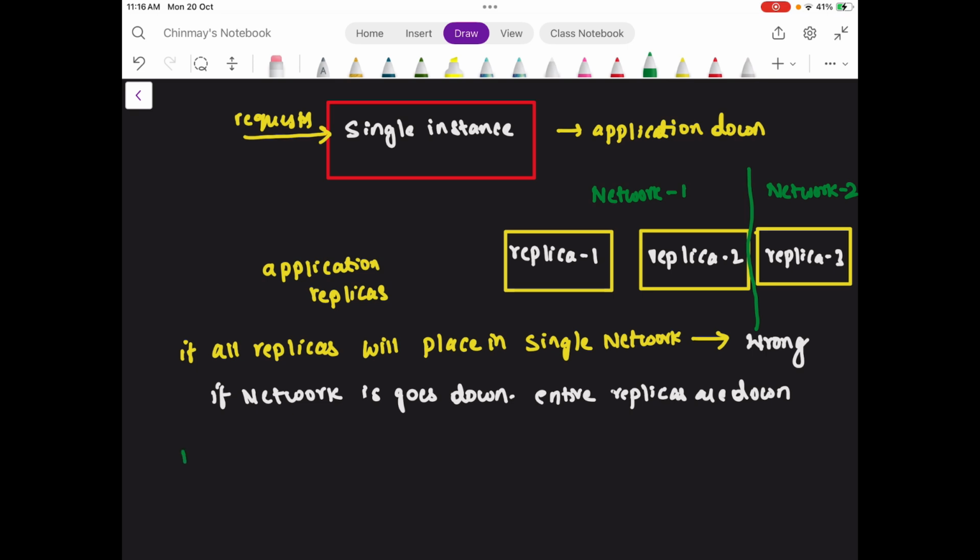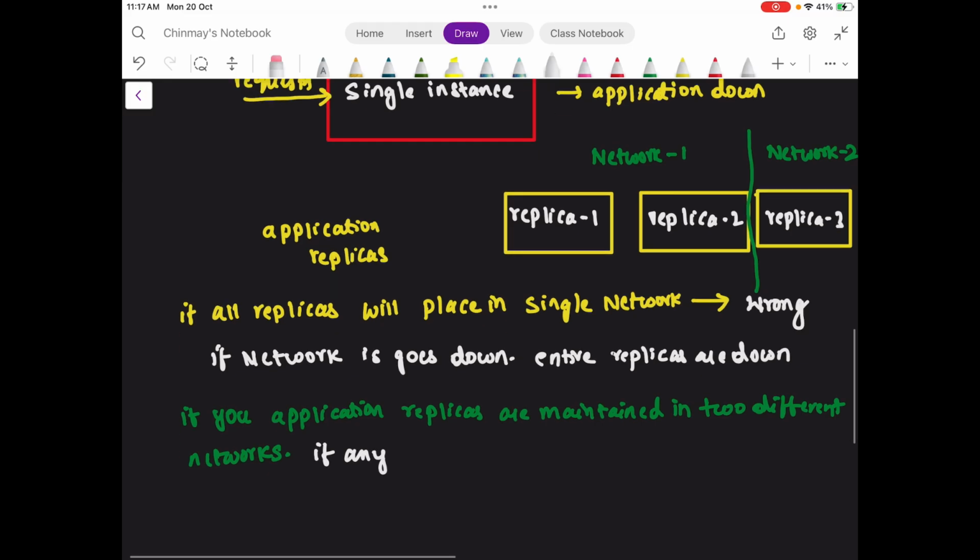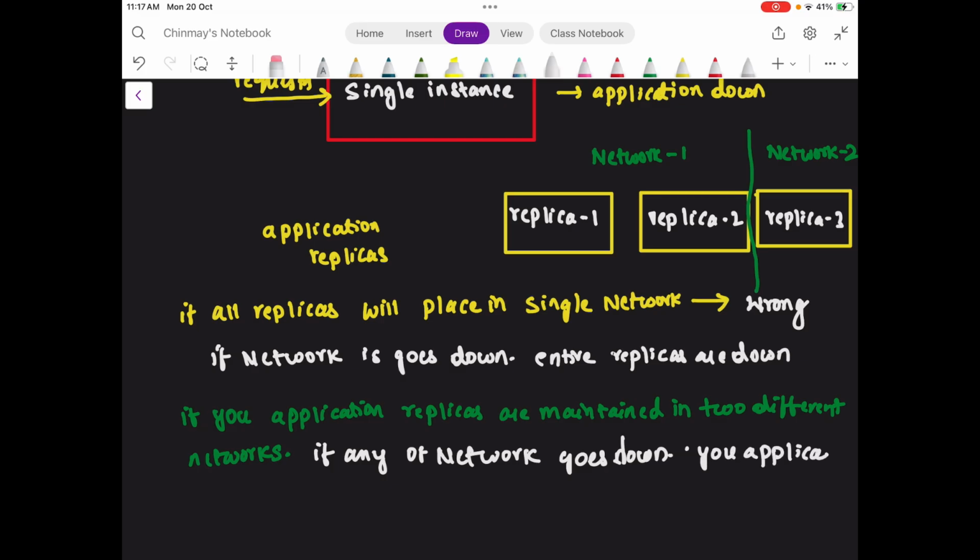Okay, now if your application replicas are maintained in different networks, if any network goes down, your application still survives.